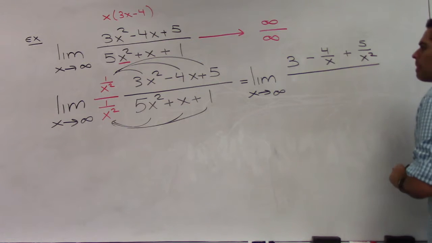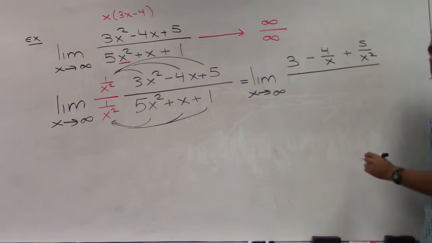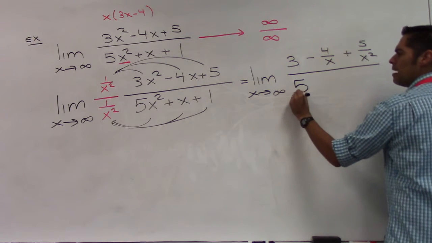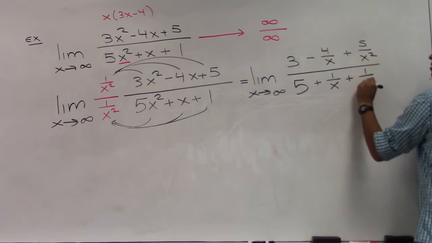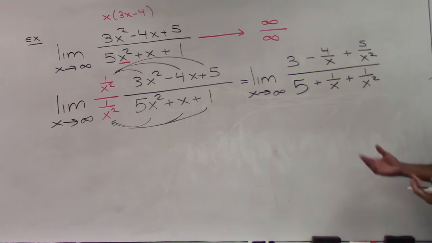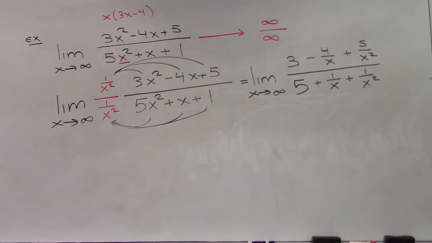Good. And then the bottom we said would be 5 plus 1 over x plus 1 over x squared. I am trusting that everyone can distribute that through and clean it up. So now take the limit.